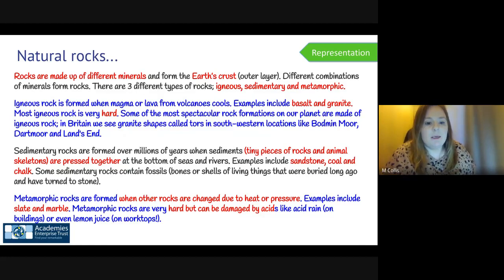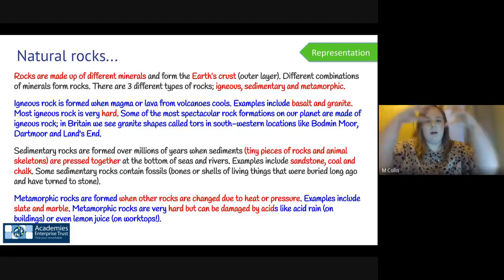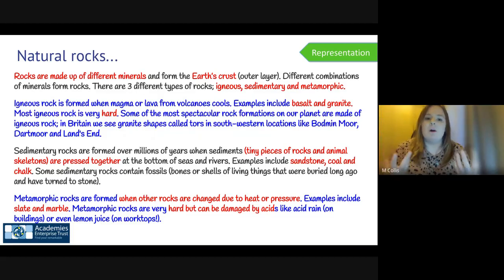Igneous rocks are formed when magma or lava from volcanoes cools. If you think of a volcano, when it erupts, the magma and the lava come out of the top. When that liquid cools, that is what the igneous rock is called then. Examples of this could include basalt or granite.